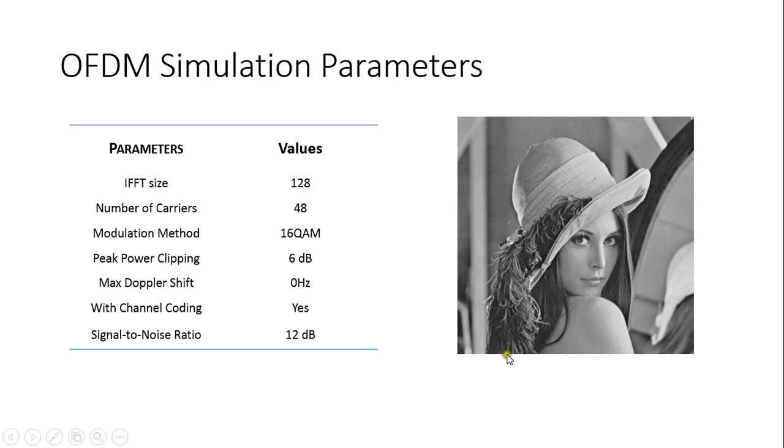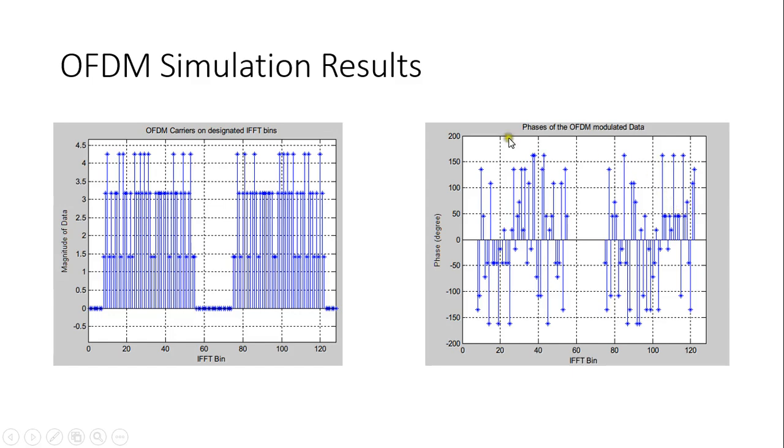This is the original figure of the BMP file, and this is the simulation result for the transmitted data before the IFFT transformation. Because in this project, only real valued time signals are treated.